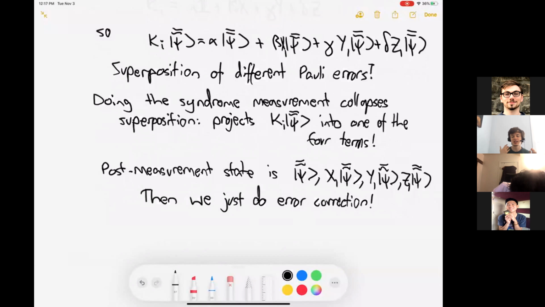Okay, so completely arbitrary things happening to one qubit can be corrected just by being able to correct this set of 4 possible things that can have happened to that qubit. Like nothing happened, X gate, Y gate, or Z gate.